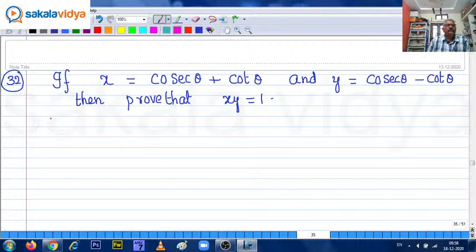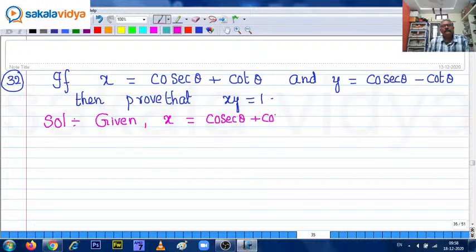Okay. Solution. Given x equals cosec theta plus cot theta and y equals cosec theta minus cot theta. Just multiply these two.